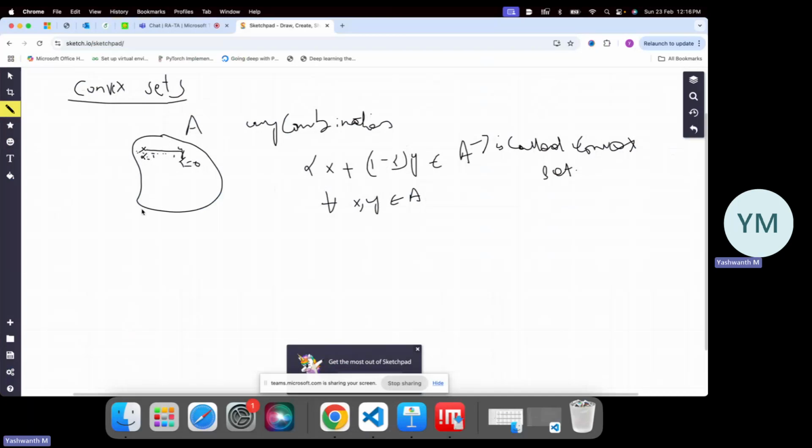But if we consider this point y, there might be a point that falls out of the set for some combination of alpha. So this is not a convex set.